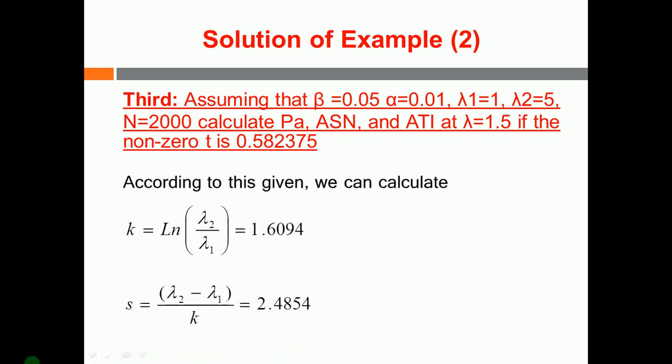So calculating K as lambda 2 over lambda 1, then calculating S based on K, I get 2.48. Here S is equal to 2.4 while lambda is equal to 1.5. This means that lambda is not equal to S. In this situation, I'm working under the formulas corresponding to the case where the expectation of Zi is not equal to 0.